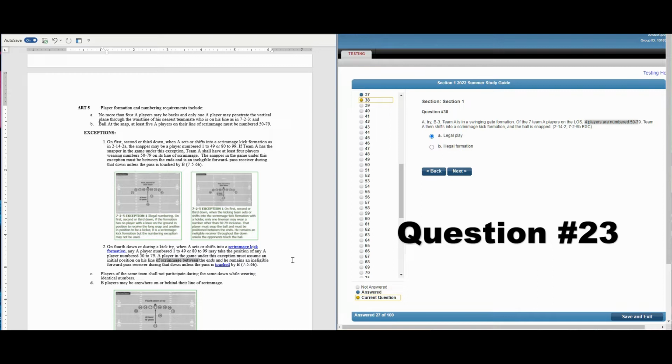Either 5 players have to be numbered 50 through 79 on the line of scrimmage, if the guy's under the center or he's going to take a shotgun type of snap. The only time we can have 4 players 50 through 79 would be in a scrimmage kick formation. Okay, so I hope that's clear. I know it's a weird play, but this is legal.